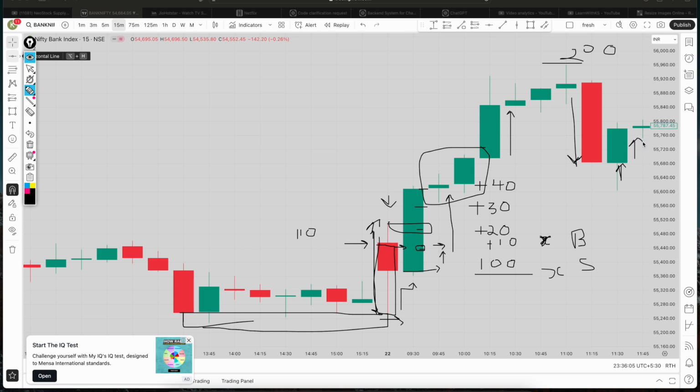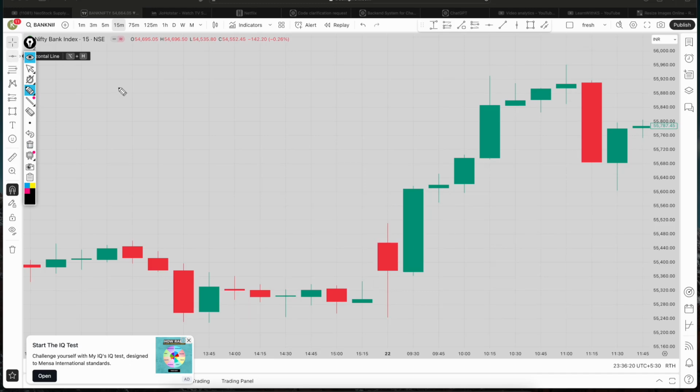So this is how a candle is being printed on the chart, and we have discussed quite a bit about candles in this video. Let's summarize what we have discussed. We know that we have a green candle and a red candle. They can be of three different sizes: big, medium, and small.